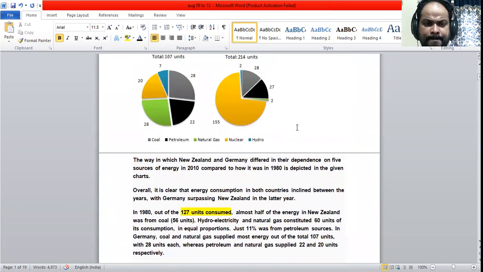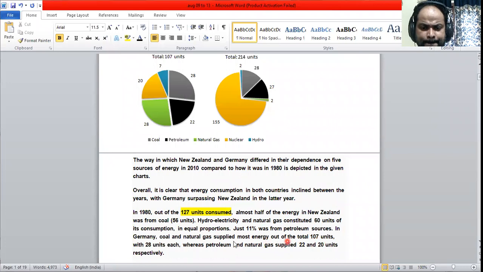So you can say coal and natural gas supplied the most, out of the total 107 units, with 28 units each.